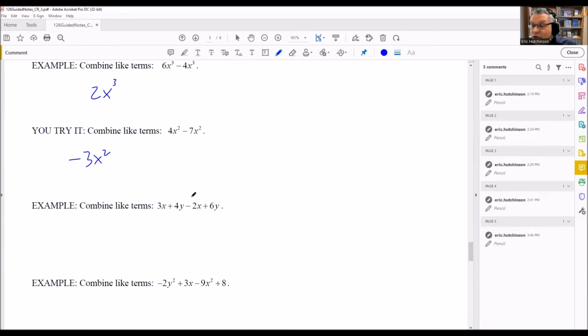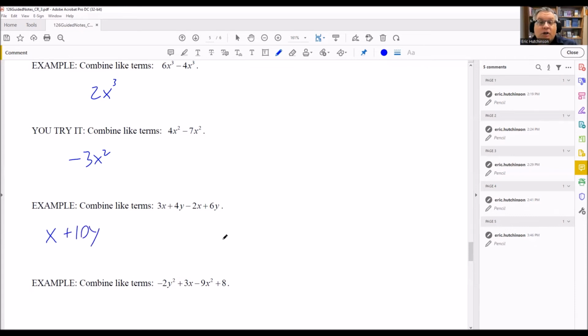This next one, we have x's that are like terms and y's that are like terms. So you can only add the x's together and the y's together separately. 3 minus 2 would be a 1. So instead of putting a 1x, typically if you have a 1x, you can just write it as an x. So 3x minus 2x gives you x. 4y plus 6y is going to give you 10y.